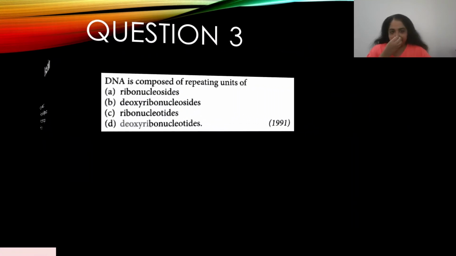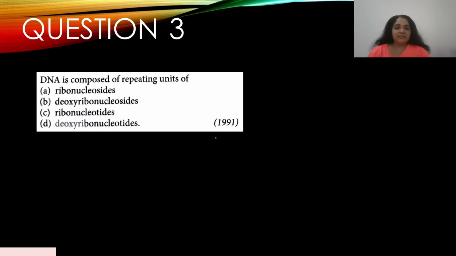Let's move on. Question number 3. DNA is composed of repeating units of, and this appeared again in 91, A. Ribonucleosides, B. Deoxyribonucleosides, C. Ribonucleotides, and D. Deoxyribonucleotides. Again, we just discussed the difference between nucleotide and nucleoside.